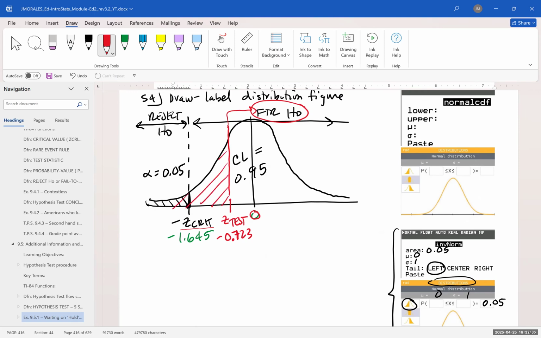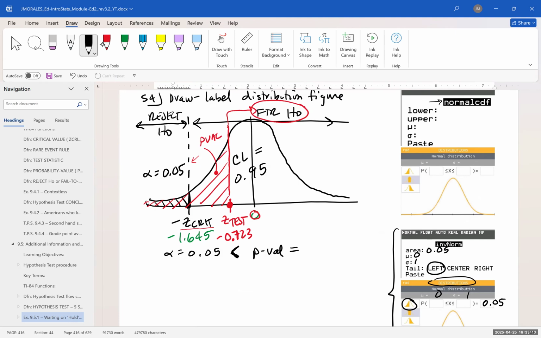The p-value is the area adjacent to our test statistic here. So this is our p-value. We expect our p-value, it's a larger area, so the p-value is going to be larger than our significance level, right? Our significance level is 0.05, and that's going to be smaller than our p-value, and we're going to calculate that next. So to calculate the p-value, we need to use normal CDF now for that.